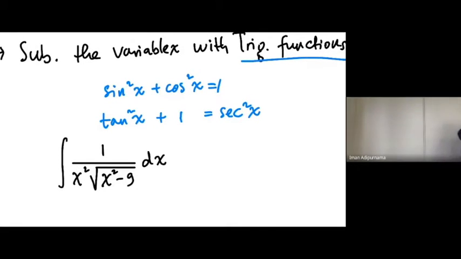Now we have the integral of 1 over x squared times the square root of x squared minus 9. So the idea for the trig sub, we need to substitute the x, the variables, with trigonometric functions. You will see we have x squared minus something.